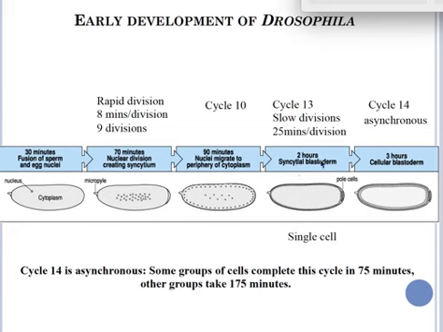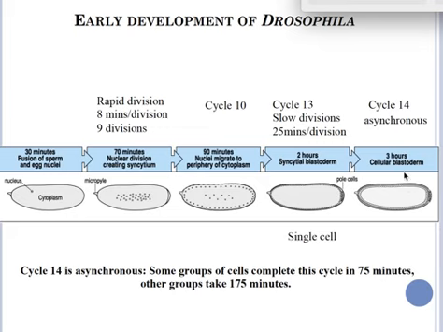So cycle 13, or the syncytial blastoderm stage, is characterized by a slow nuclear division. Now we have one division every 25 minutes, so it's quite slow compared with the beginning of syncytium formation. And finally, by cycle 14, the nuclear divisions become asynchronous. They don't all happen at the same time.